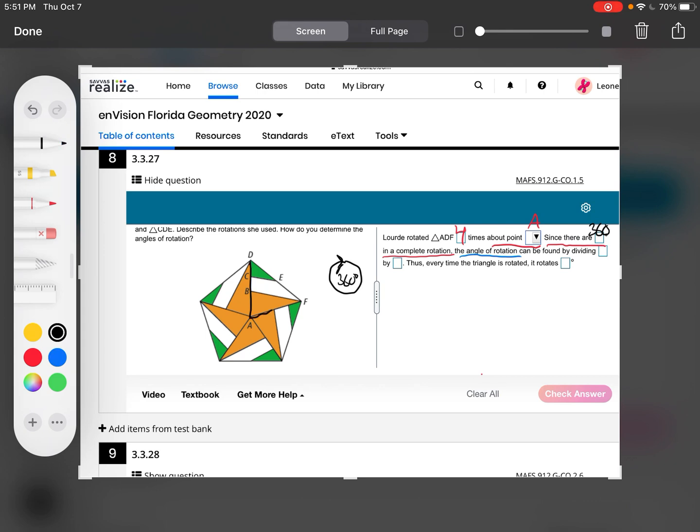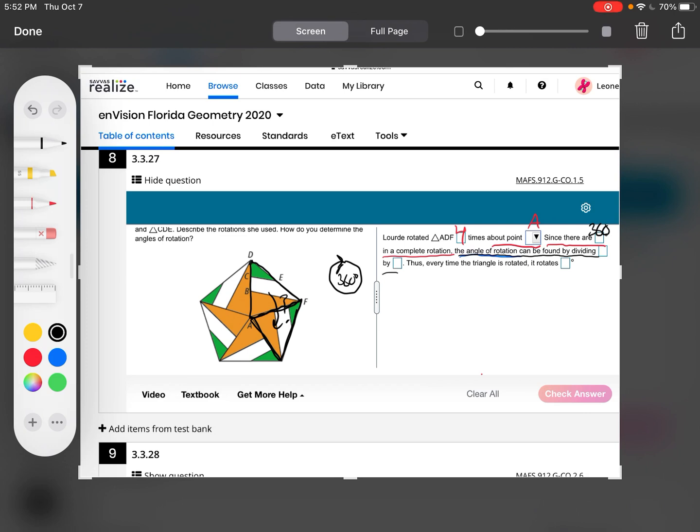So here you have the triangle, its original position, and then it gets rotated 1 time so that it lands on the second triangle. They want to know how many degrees of rotation that is. Okay, and the way they're wording it here, it says the angle of rotation can be found by dividing blank by blank.